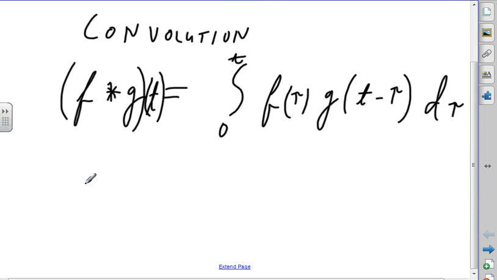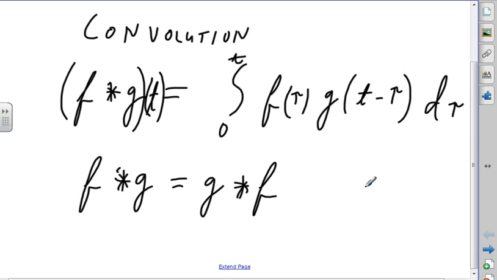And we find that the convolution of f with g turns out to be the same as g with f. And maybe you've seen those functions before, maybe you haven't.